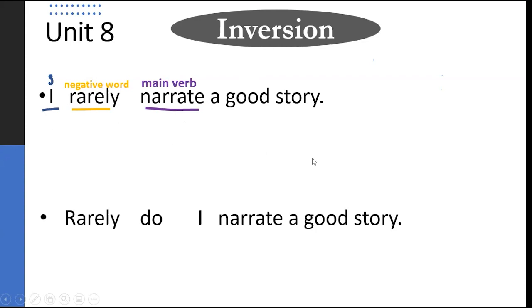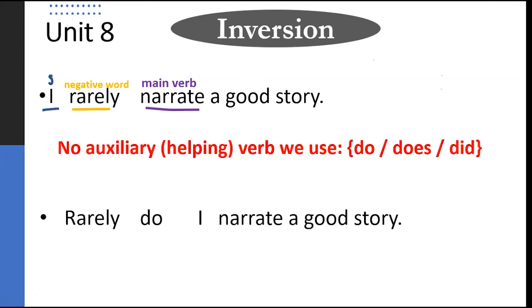We notice there is no auxiliary verb. I don't have did, I don't have have or has, does, I have nothing. So what do I do? If I don't have an auxiliary verb, I will use one of these: either do, does, or did. Okay, don't think of any other options. I will use one of these. So how do I know which one of these three to choose? I focus on the verb, I go to the verb, which is narrate. I ask myself, this main verb, is it present or past? What do you guys think? Narrate, is it present or past? Who can tell me?